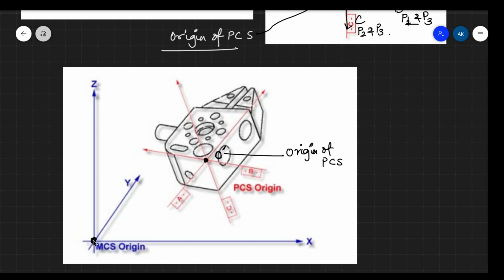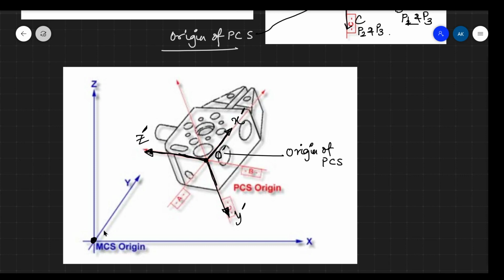This is the origin of the machine coordinate system. And suppose, it is not necessary, but still, let us assume that this is your x dash. This axis in the downward direction is your y dash. And this axis be z dash.